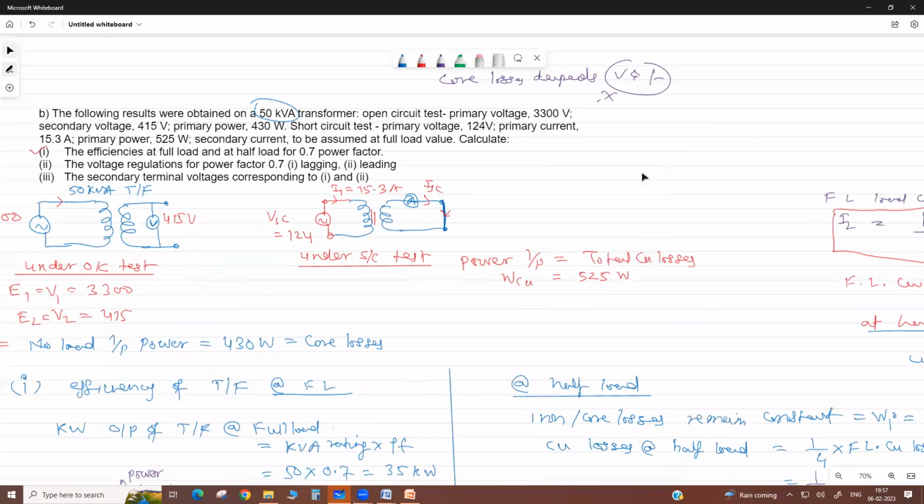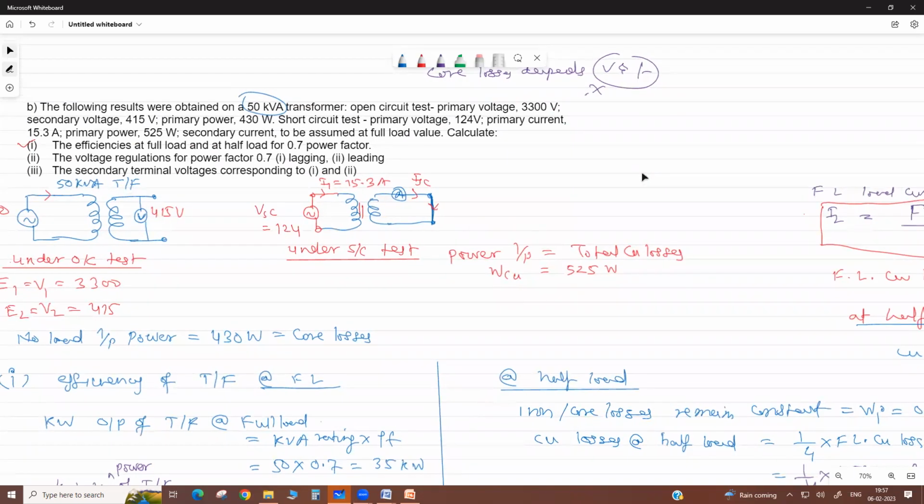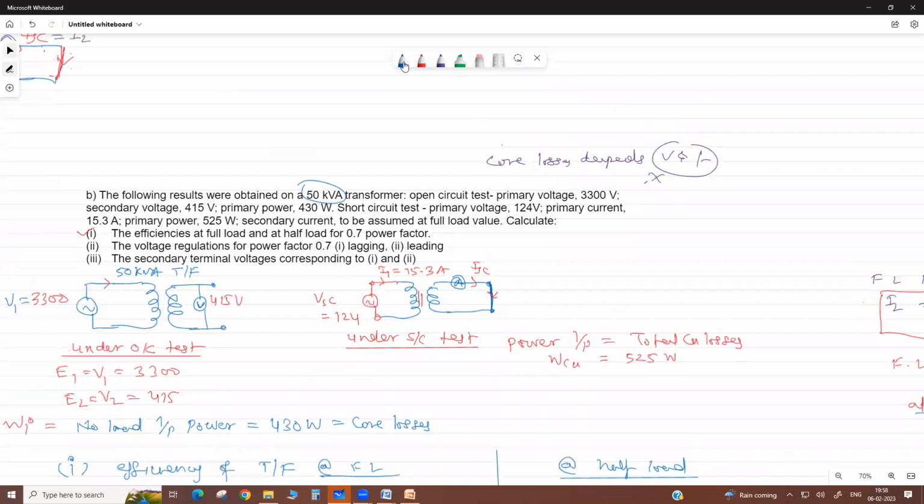You calculate the voltage regulation, then you subtract the percentage drop, then you get the terminal voltage. So the third part is very easy, but before that you require this calculation. You know the power factor cos phi 2 is 0.7, then sin phi 2. Now we require the circuit parameters R01, X01, Z01, correct?